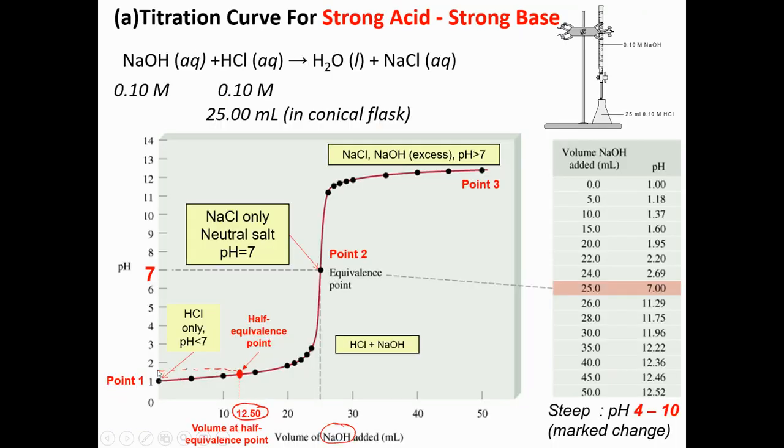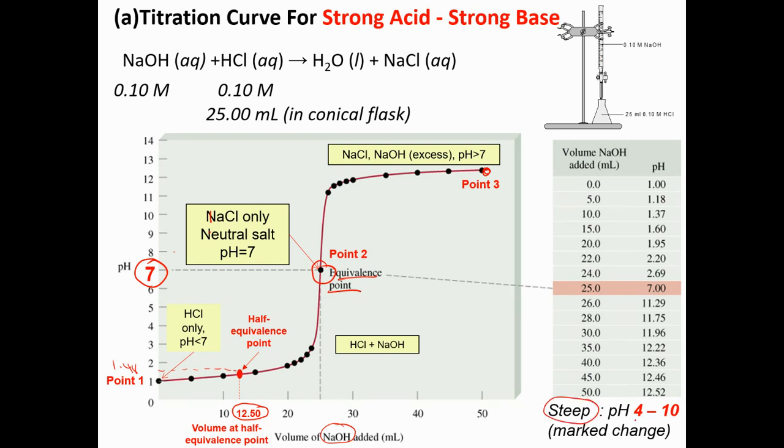So roughly about here it is 1.48. Then the second one, we must highlight the equivalence point, must write down the word equivalence point equals 7. And then this is the last point where the pH is greater than 7.